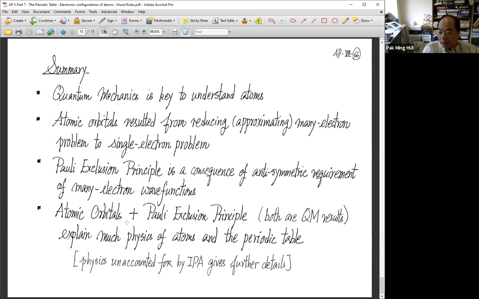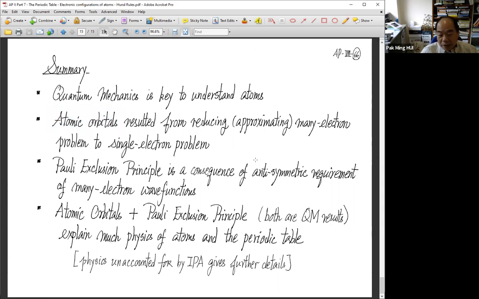So, last page before we end this module, the big picture is that we need quantum mechanics to understand atoms. There has been much work to reduce the many-electron problem to a single-electron atomic orbital problem. And that was successful, and we have this idea of atomic orbitals.